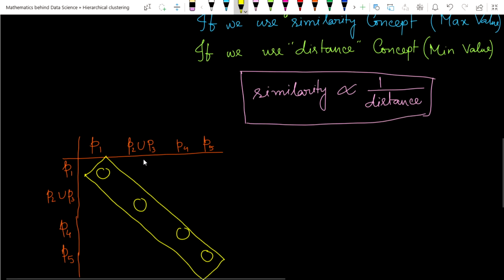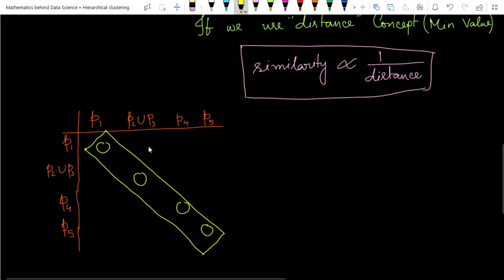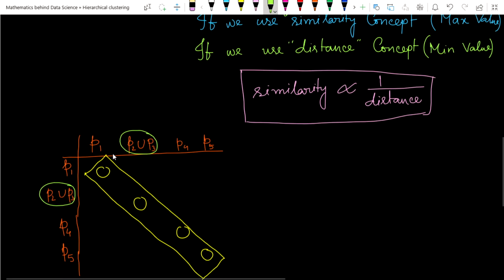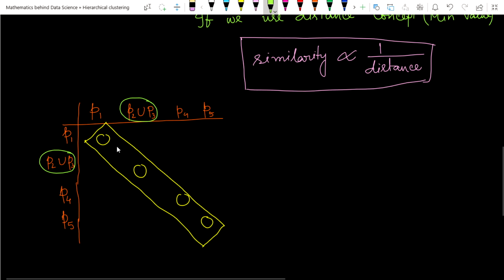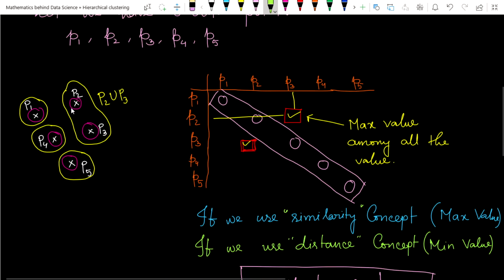But the question that comes to our mind is how to find this value. I'm talking about how to compute the proximity value between this single cluster and this cluster.